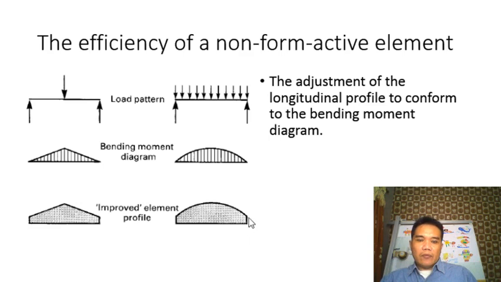What I mean is, if we have this kind of arrangement of load, either center or pointed load and average load like this, then the element itself can be profiled or cut like this, exactly like the diagram itself.